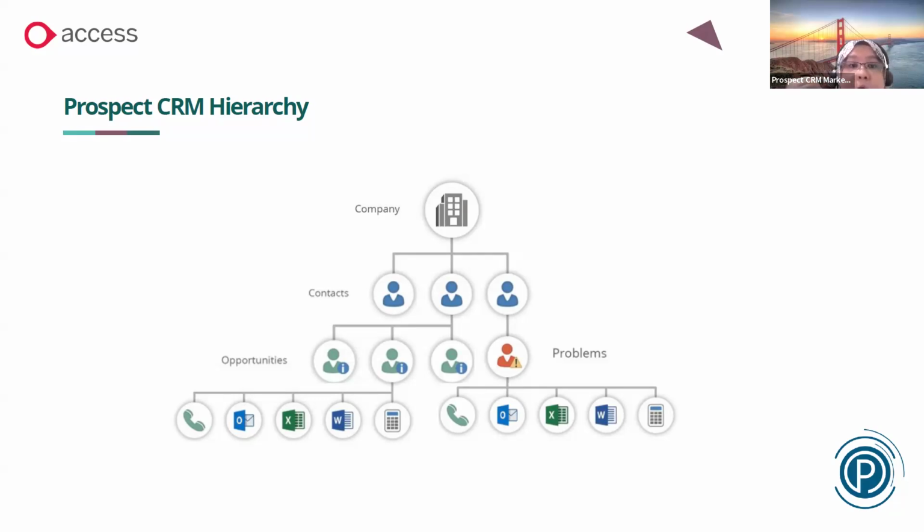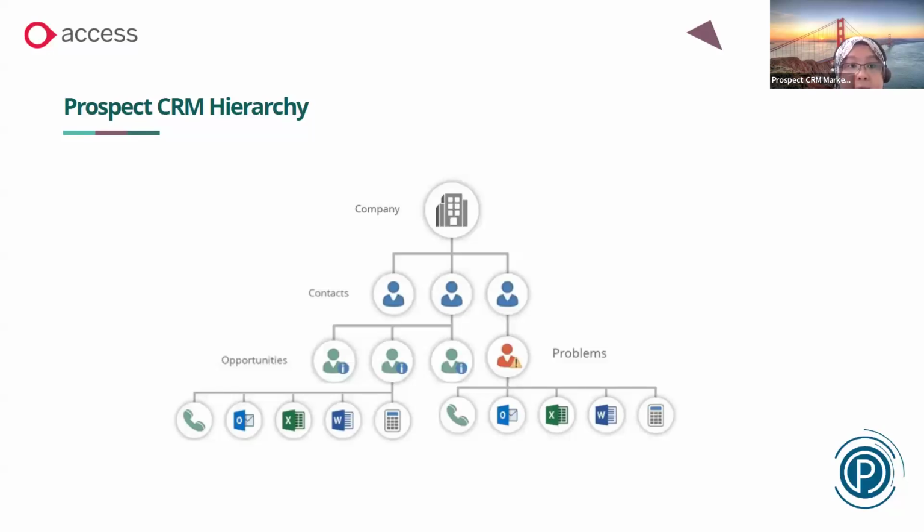Beneath, we have contacts. These are the employees that you interact with, for example the owner or the sales manager, and also their contact details. And depending on the type of interaction, we then have opportunities, right? It helps you to manage potential sales through a pipeline.